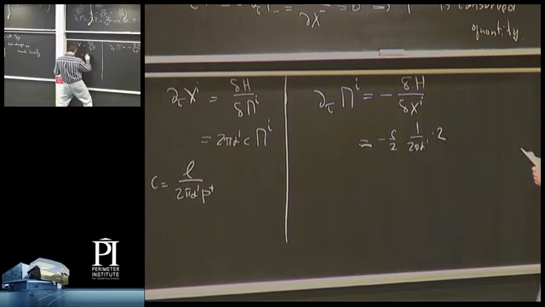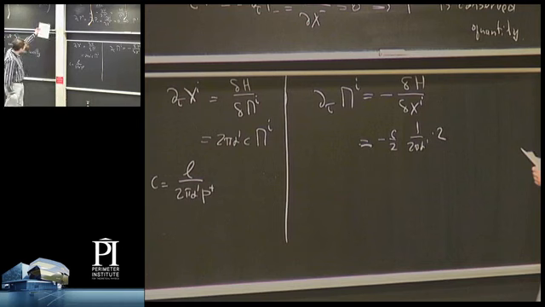Let me write it in this way: alpha times c times p i. I introduced a parameter c, whose meaning will be clear in a second, which is L over 2 pi alpha prime p plus.